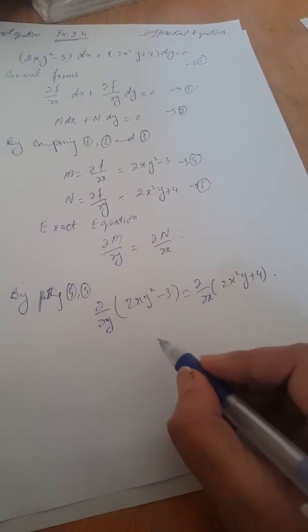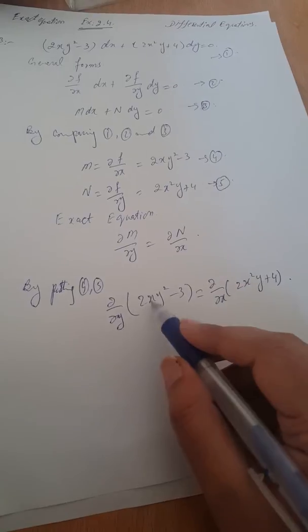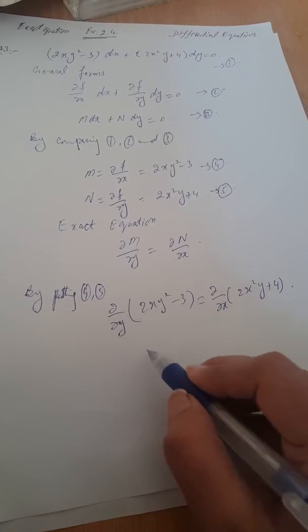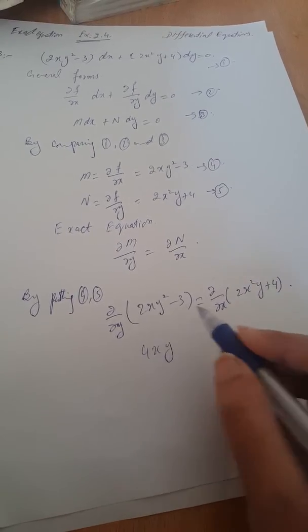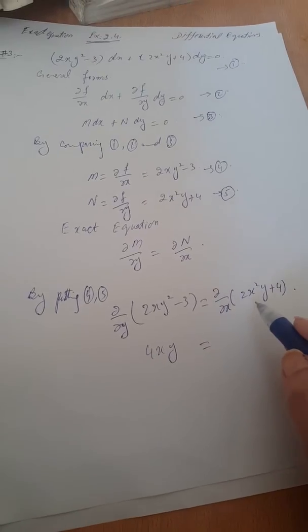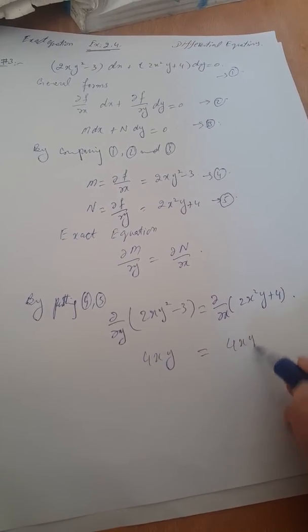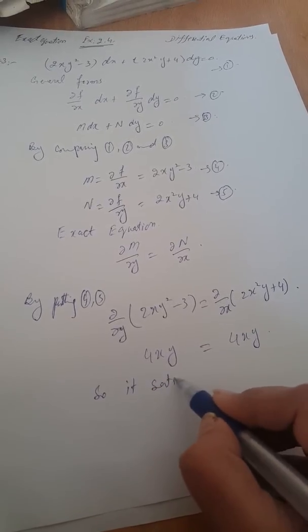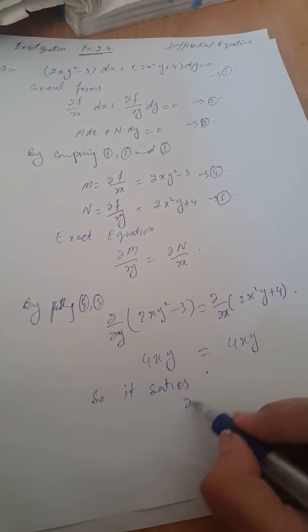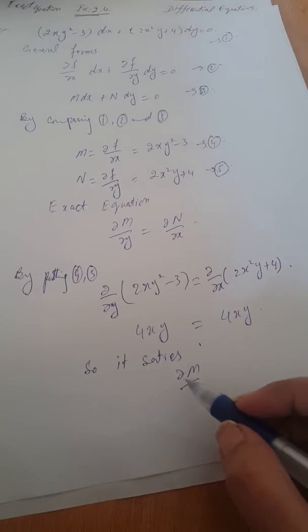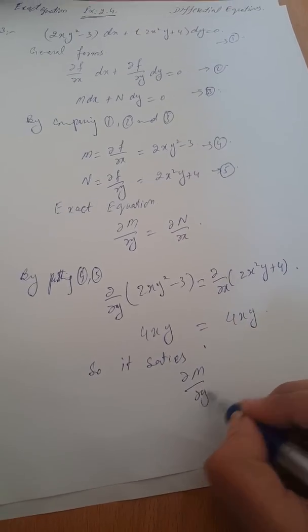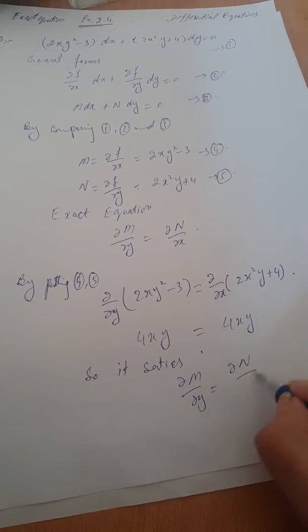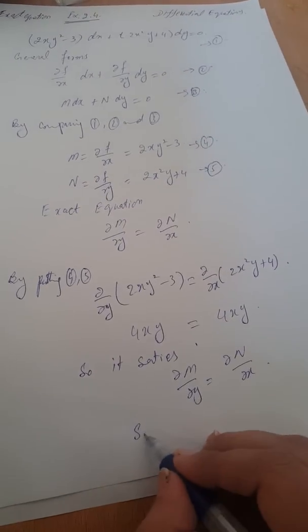Taking the derivatives, we get 4xy and 4xy. So it satisfies the condition, partial M by partial y is equal to partial N by partial x, so it is an exact equation.